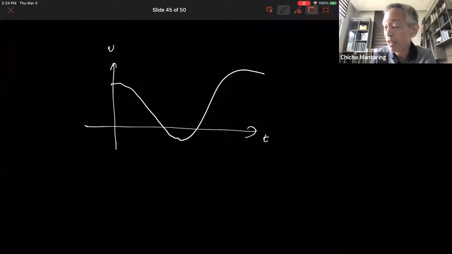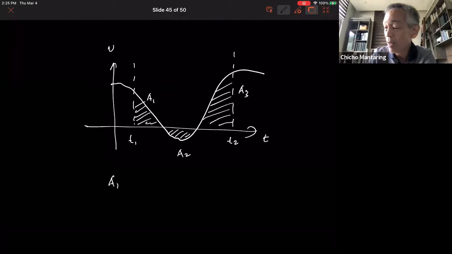What will be the average voltage? The average voltage is always with respect to time. Let's say T1, T2. You get this area, which is positive, add it to this area, which is also positive, then subtract this area, which is negative. Let's call them A1, A2, A3. So A1 minus A2 plus A3 over T2 minus T1, that is your average voltage.